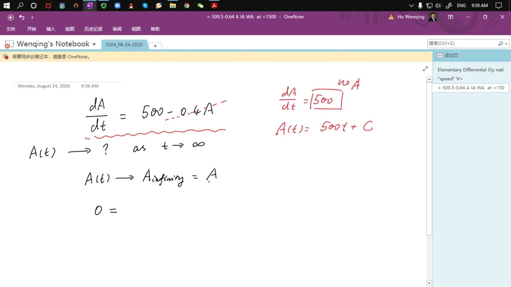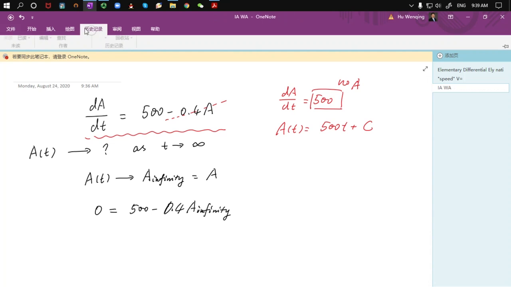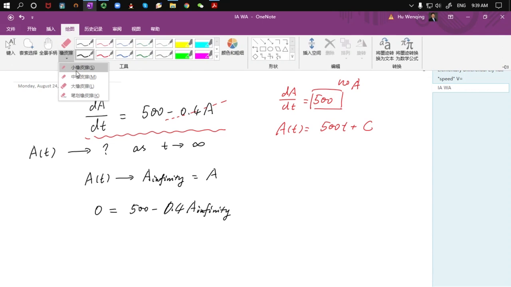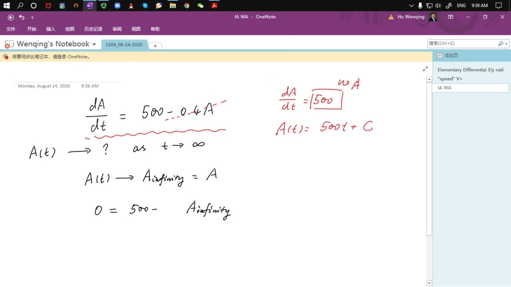Therefore, we get 0 = 500 minus 0.4 A infinity. That means you can calculate A infinity.